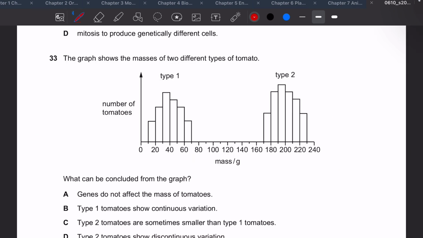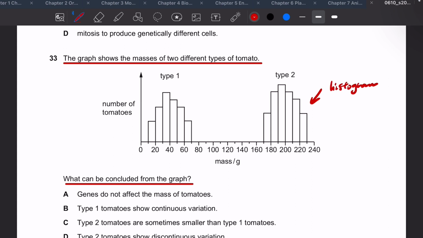Number 33. The graph shows the masses of 2 different types of tomato. What can be concluded from the graph? So, looking at the graph, you can see this type of graph is called a histogram.